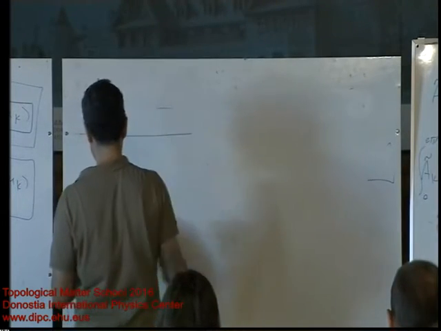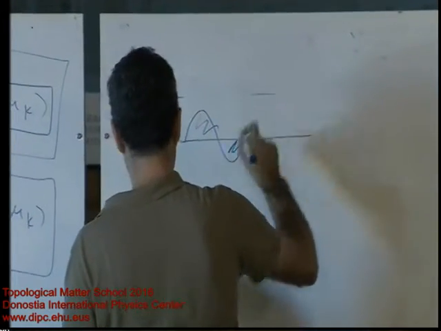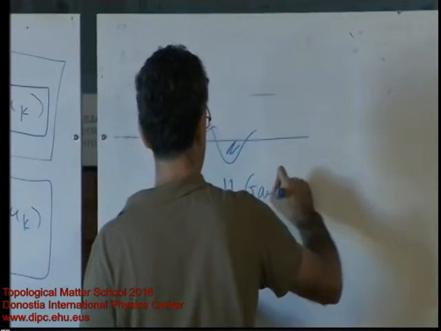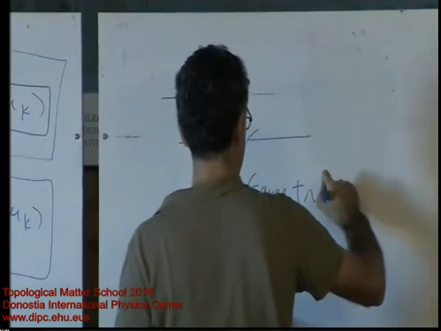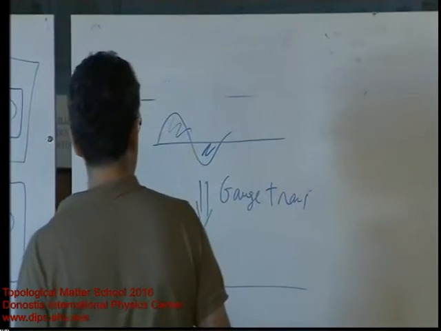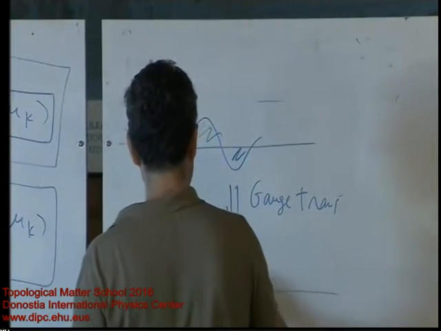So if we had some Wannier function here, and we've done a gauge transformation, after that, we may have ended up with something that has a different shape, but has the same center.